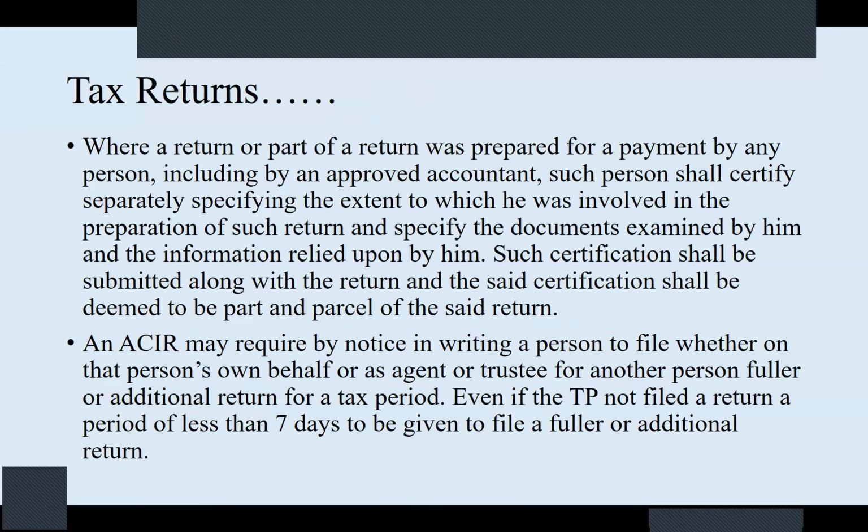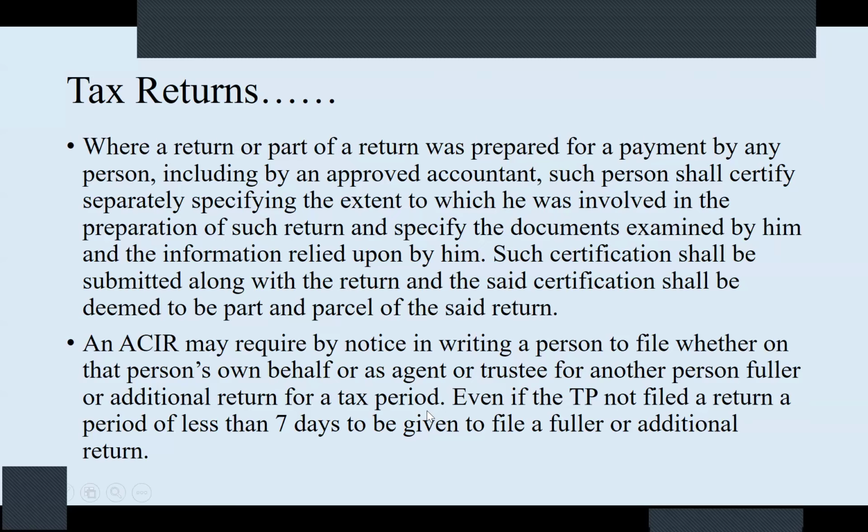Without signing that document, they cannot send it. They can send it, but we do not consider it as a tax return. So a duly completed return should be submitted to the department. Duly completed means with the declaration, with the signature of the taxpayer, and with the relevant documents attached by the taxpayer, submitted to the IRD.